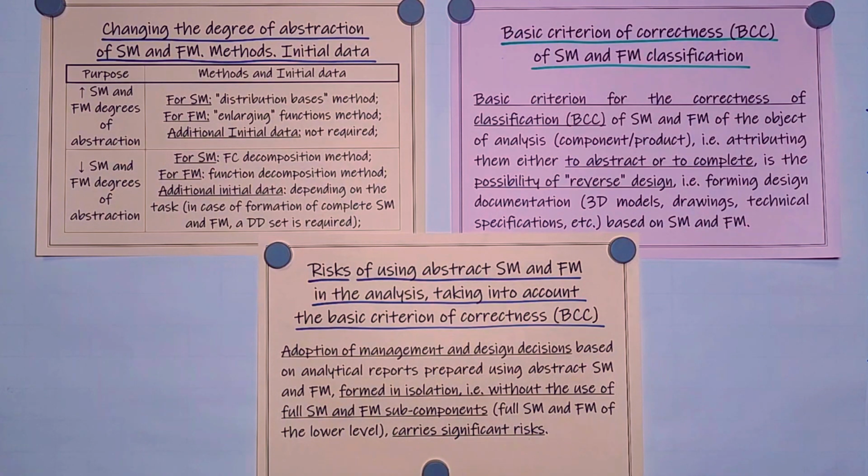These are 3D models, drawings, technical specifications, etc. Generally speaking, this thesis as a rule is not mentioned in the works devoted to value analysis, in particular when considering practical examples given in these works, and indeed the example of the bolt and the sleeve discussed above.